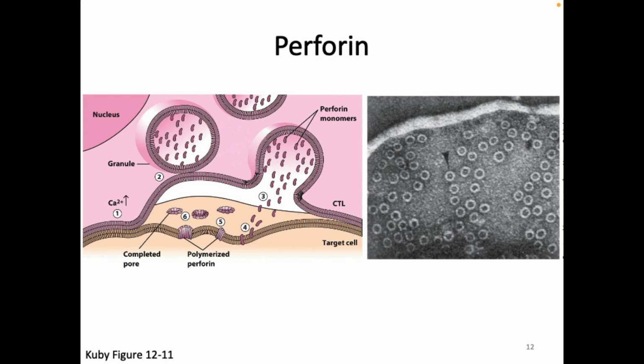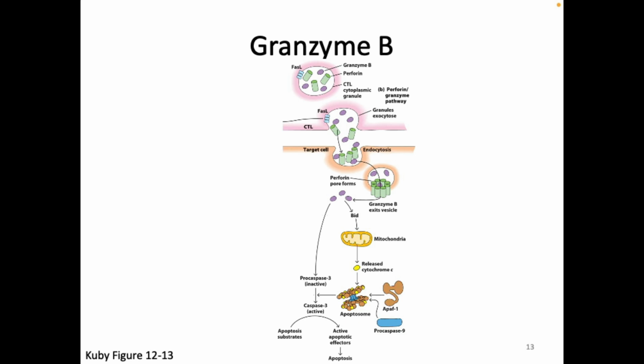There are, as I said, other things in this lytic granule or cytotoxic granule as well. The one other one besides perforin that I'm going to tell you about is called granzyme B. One thing to note, if we look at the name, granzyme comes from the fact that this is an enzyme that's in the granule. So it's a granule enzyme. And so it must have some enzymatic activity.